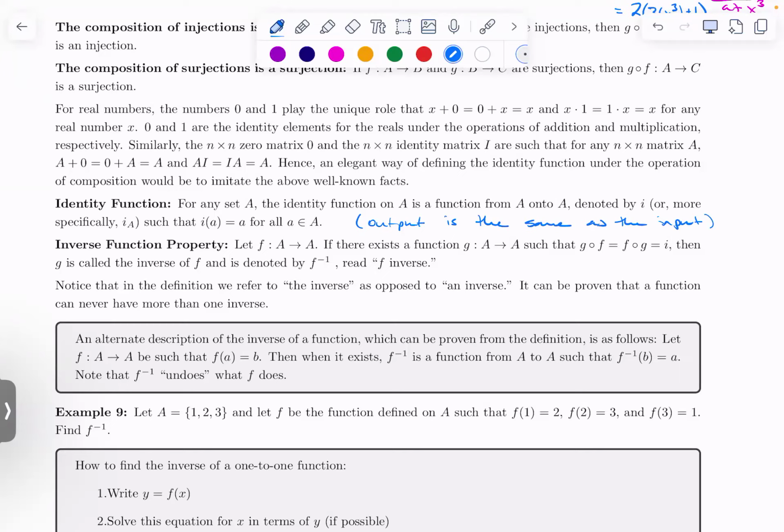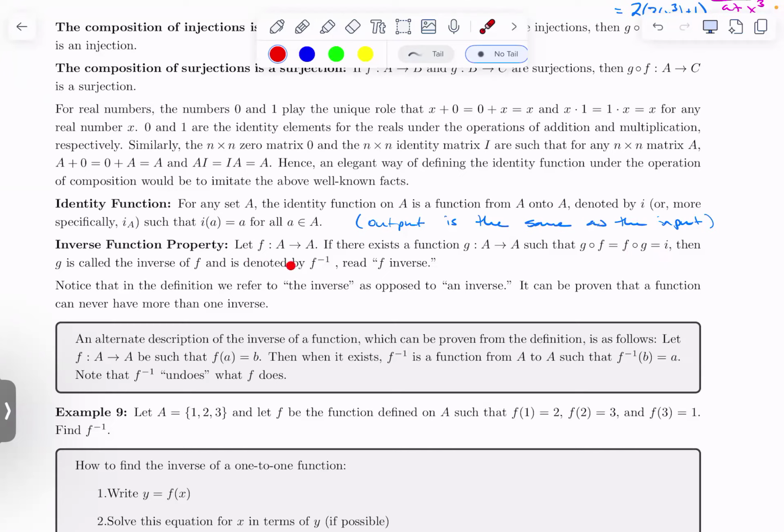We need that for the inverse function. We have seen the inverse of a matrix, right? And so now we're going to see the inverse of a function. If there's a function g, where g composed with f is the same as f composed with g, and that equals the identity function I, then g is called the inverse of f.